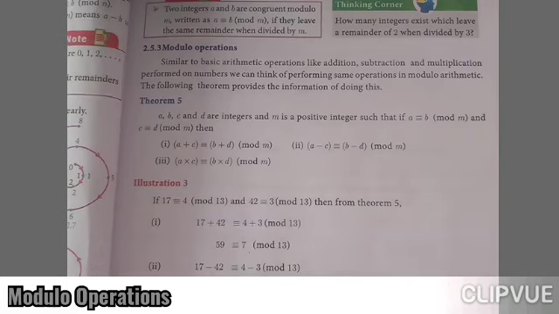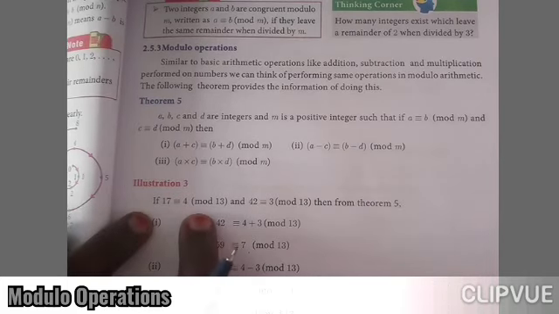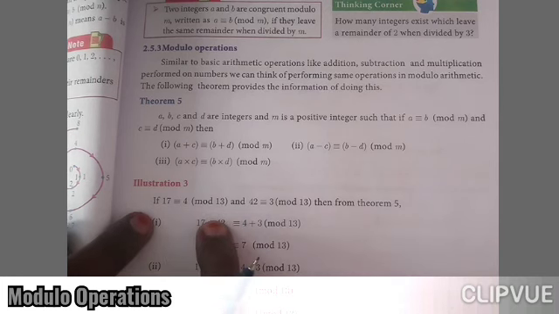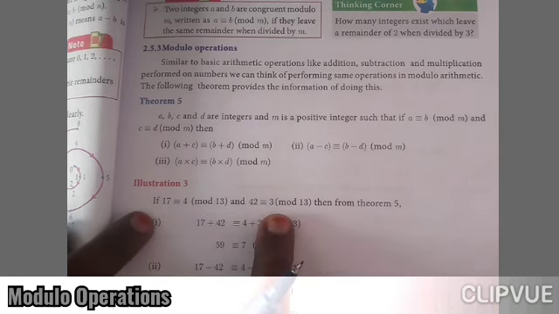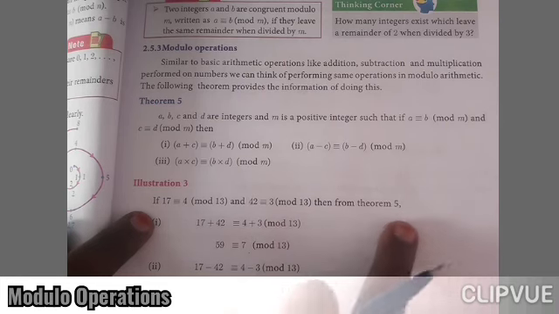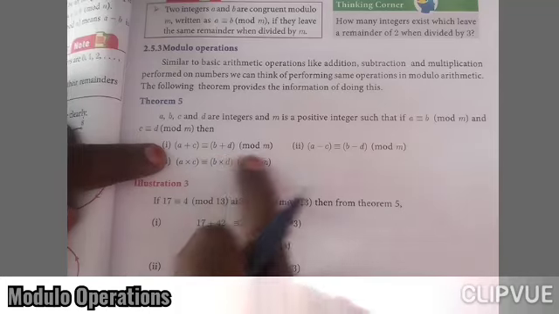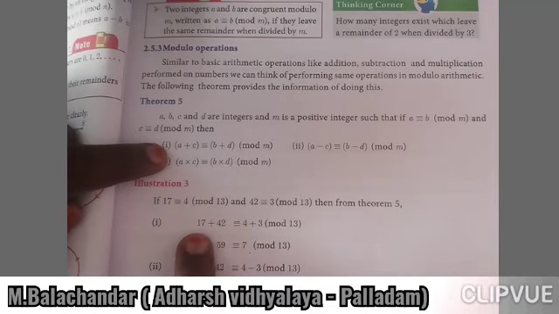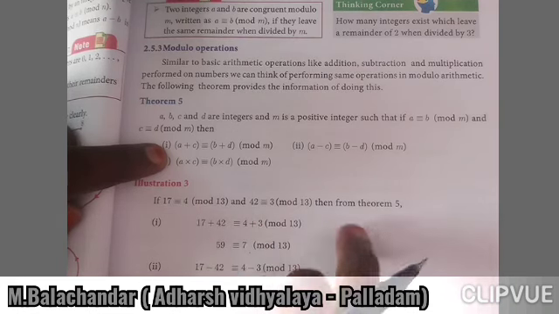Illustration number 3. If 17 is congruent to 4 mod 13, and 42 is congruent to 3 mod 13, then from theorem 5, the first rule, A plus C congruent to B plus D mod M. So on the left hand side 17 plus 42 is congruent to the right hand side 4 plus 3 mod 13.